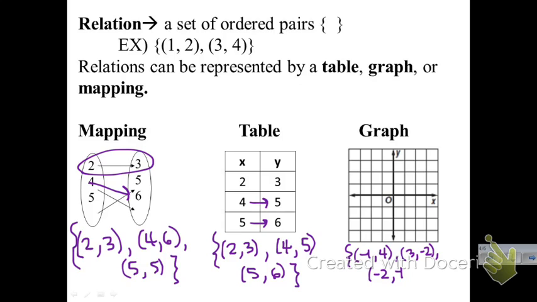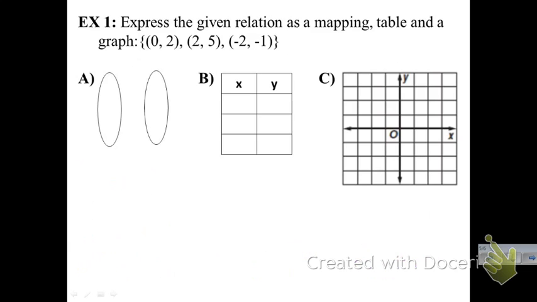How about -2, -1? So on the first ordered pair, you go back 1, up 4. Second ordered pair, over 3, down 2. And the last one, back 2, down 1. And that would represent a graph of a set of ordered pairs or a relation.